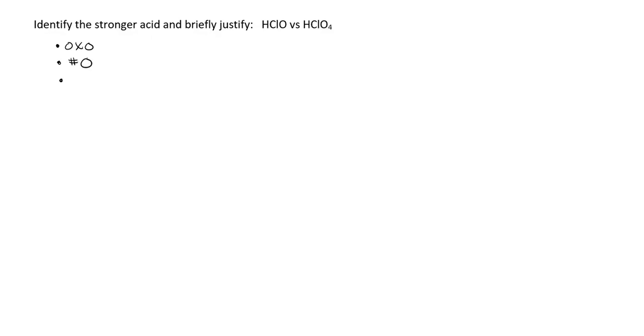So the next thing we have to do is determine which acid is stronger based on that argument. So the argument is, as we increase the number of oxygens, we are increasing the stability of the conjugate base for perchlorate versus hypochlorite. So perchlorate is more stable.